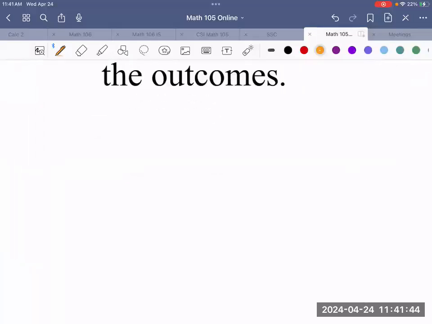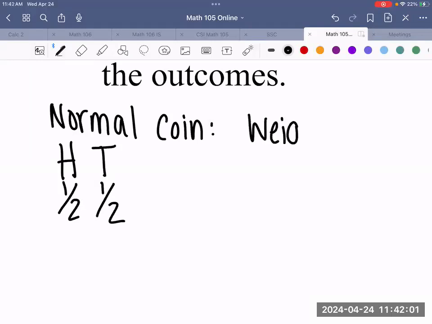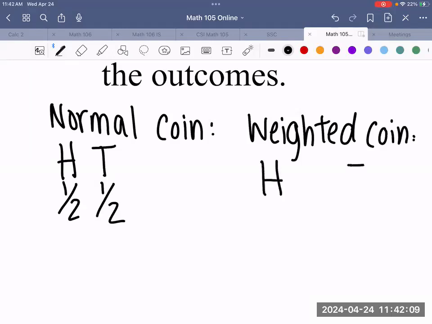So normally, on a normal coin, we have heads and tails, which is half and half. However, on your weighted coin, we still have heads and tails. However, heads is twice as likely to come up. So keep in mind what we did back in our chapter, I want to say that was like 7.3, when it's uneven.